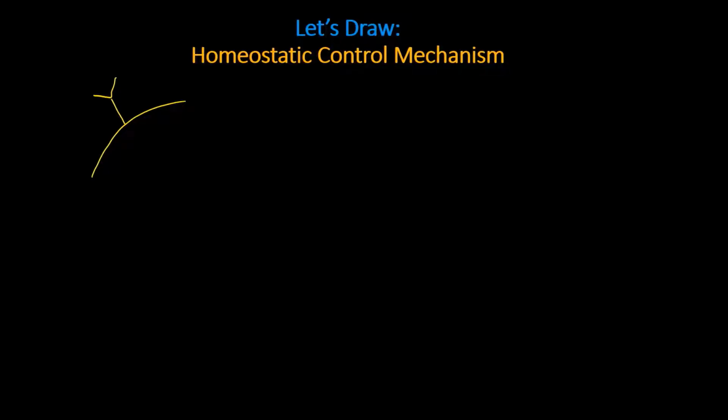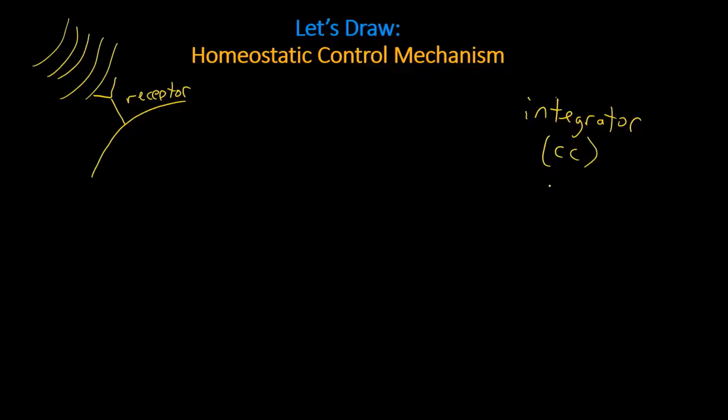Let's label it. And remember, what the receptor is doing is picking up signals from somewhere. It's not just picking them up, though. It's got to send them off, right? And it sends it where? To an integrator, also known as a control center.